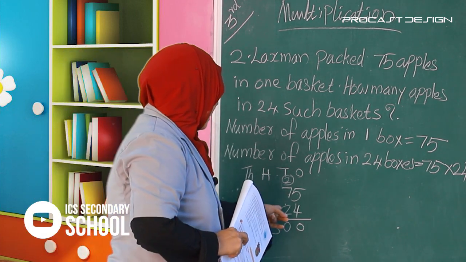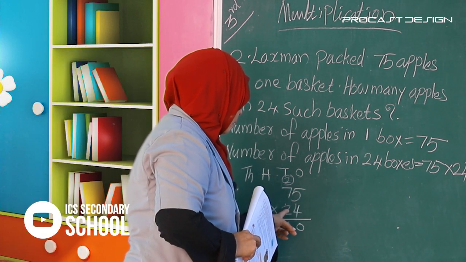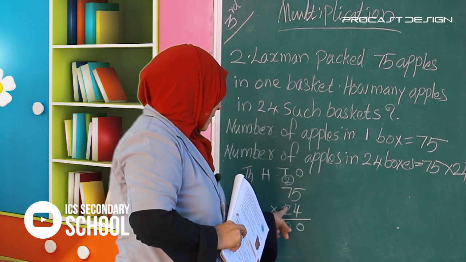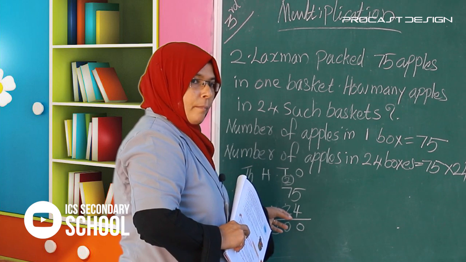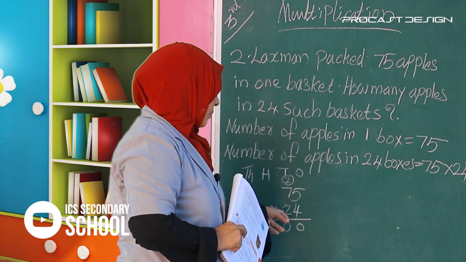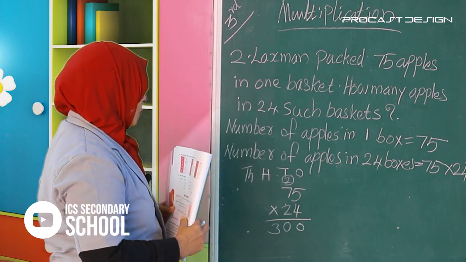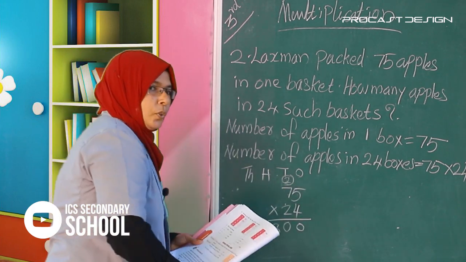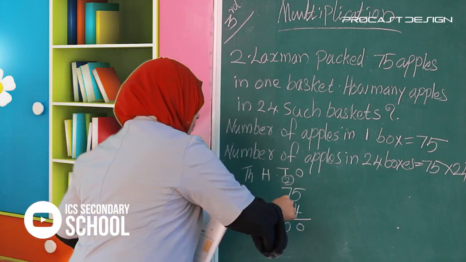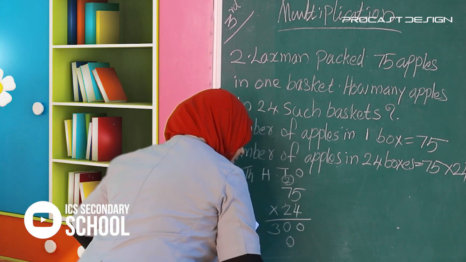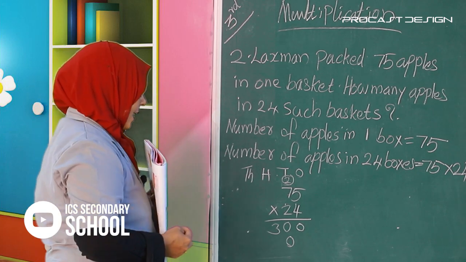Next, we are going to multiply by the tens place number. In 24, the tens place number is 2. 2 into 5 equals 10.